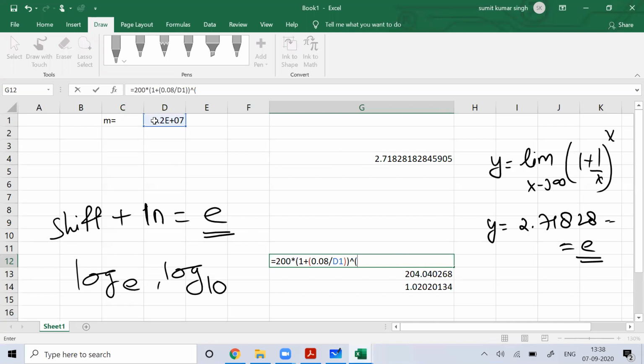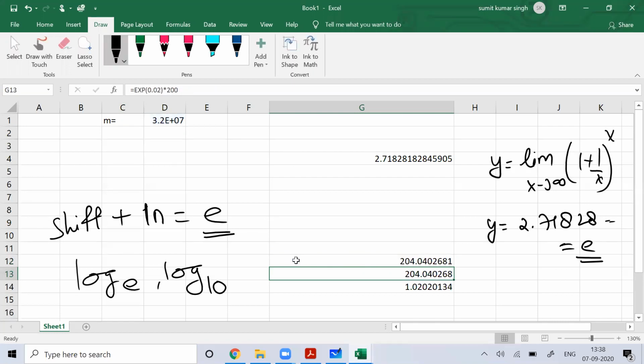T is how much? 3 months, which means 0.25, into this constant. So you can do this calculation, and you can see the same answer. Can you see that you got the same answer?